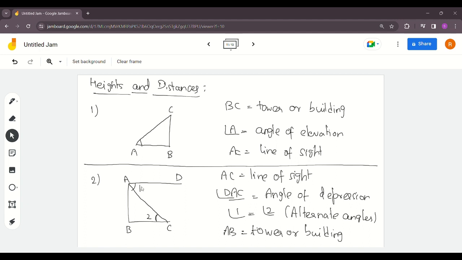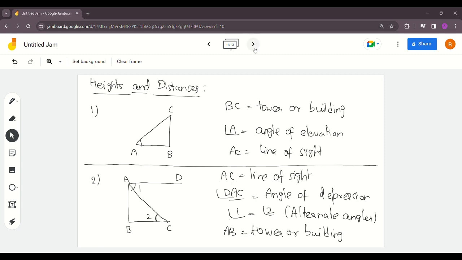Since both these lines are parallel, then alternate interior angles must be equal. So that means both these angles are equal. That is DAC equal to ACB. So that is angle 1 equal to angle 2. That is alternate angles. And AB is nothing but the tower or building. So this is the diagram to be used when they are given in your question purely about depression.